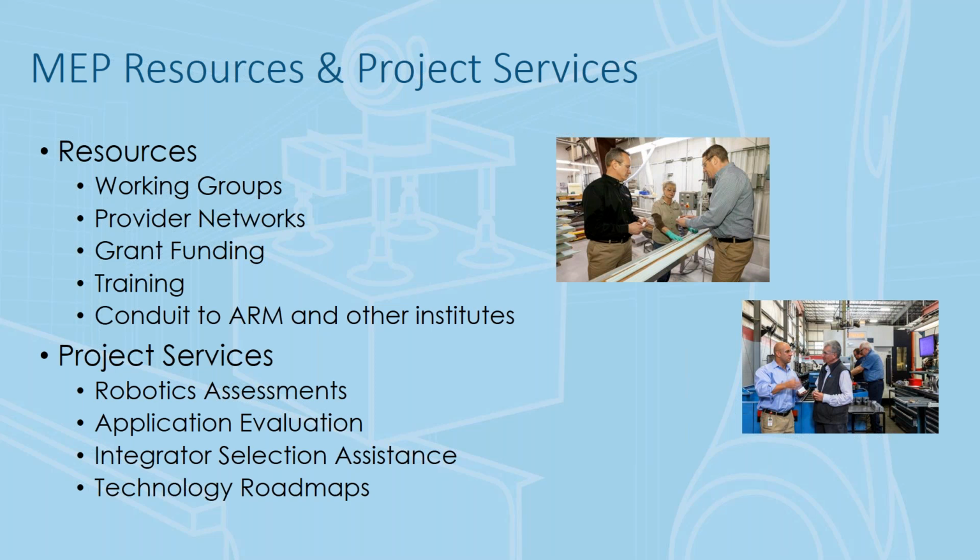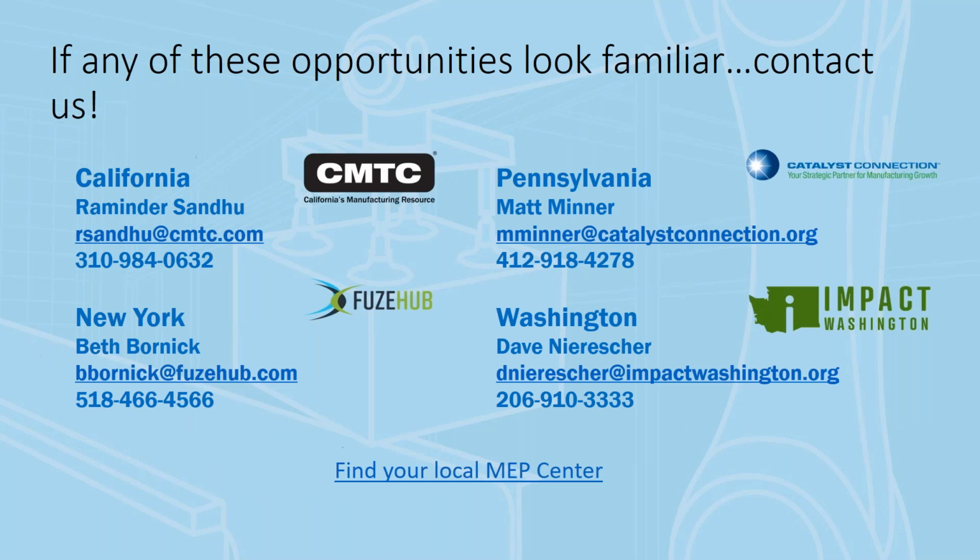A lot of times there's grant funding that may be available, training, or conduits to ARM and other institutes, in addition to project services frequently offered towards the front end of a project, or assessments, application evaluations, or even helping you walk through the range and bringing forth proposals from different integrators in your area, and just helping you navigate that whole process. So definitely something to consider.